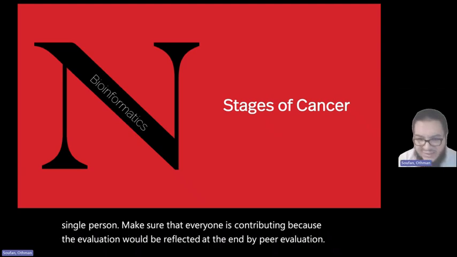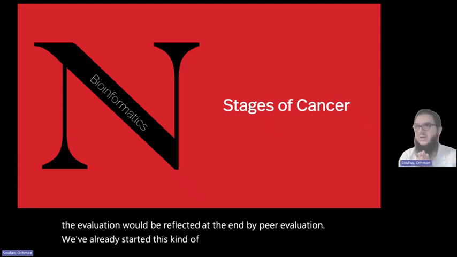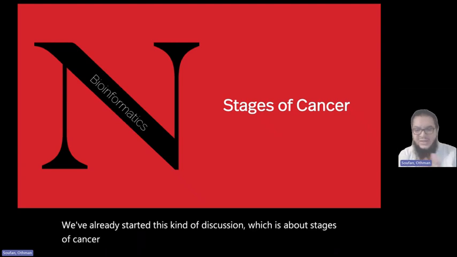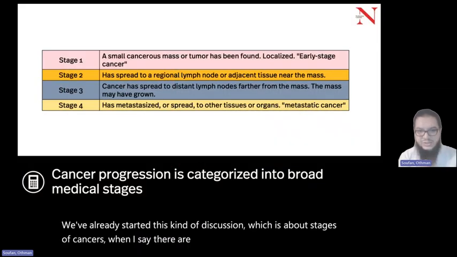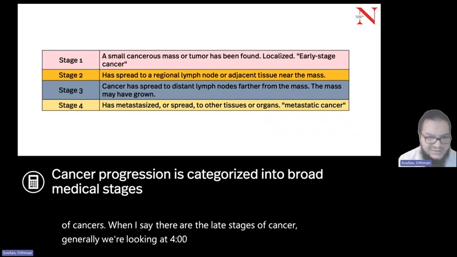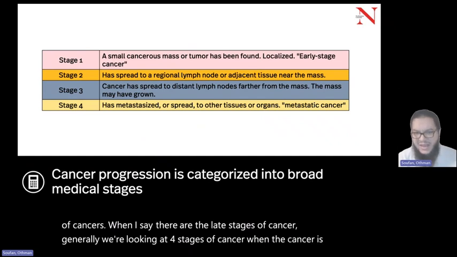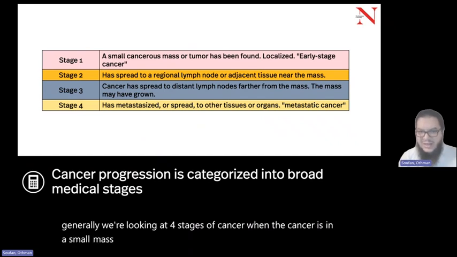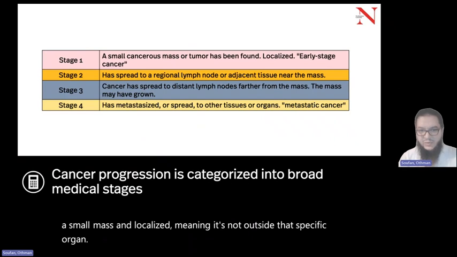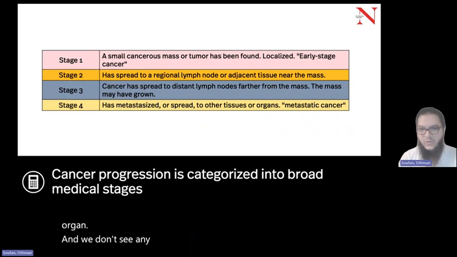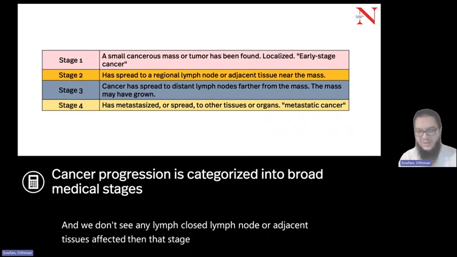We've already started this kind of discussion, which is about stages of cancers. When I say late stages of cancer, generally we're looking at 4 stages of cancer. When the cancer is in a small mass and localized, meaning it's not outside that specific organ, and we don't see any close lymph nodes or adjacent tissues affected, then that's stage 1.